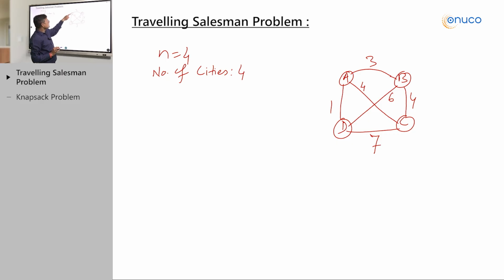When you start the journey from city A, we have to visit all remaining cities B, C, D exactly once and come back to A, if A is the source, right? Likewise, if a postman starts the journey from the post office, he has to visit all the homes exactly once to drop the letters and come back to the post office to report back, right? So that is called the traveling salesperson's problem.